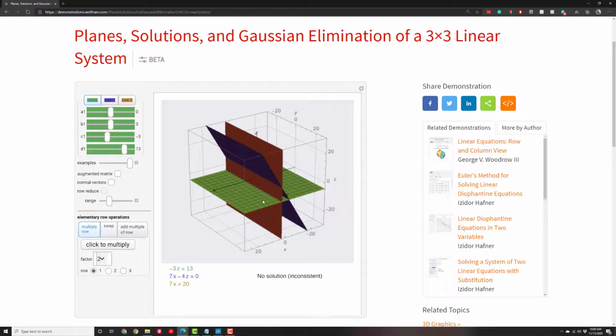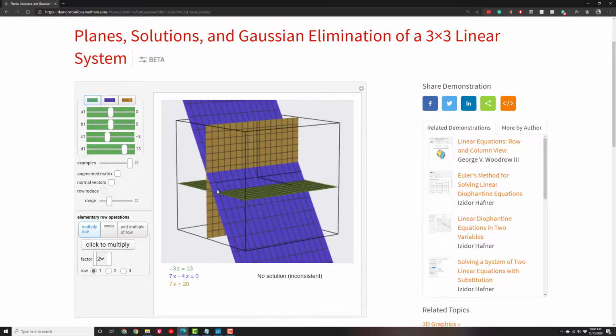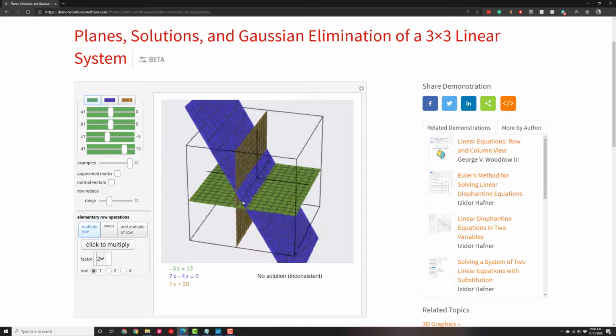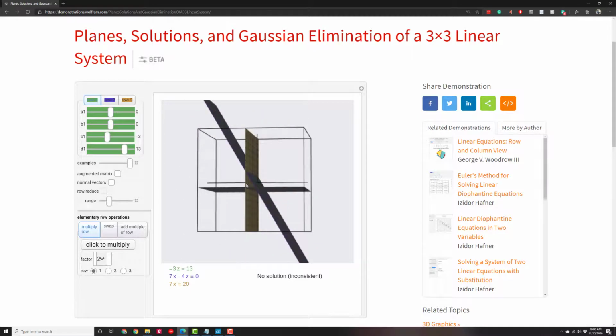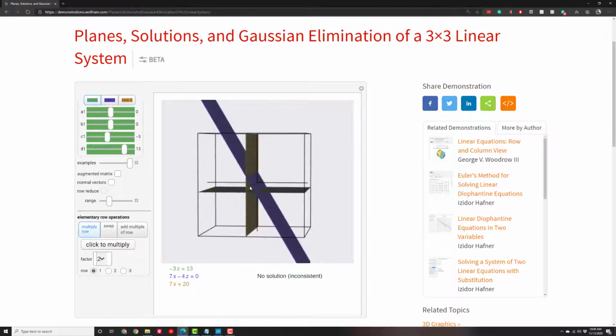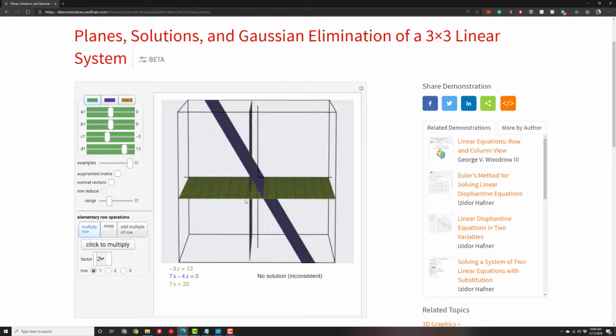So any 2 planes actually do have an infinite number of solutions, or an infinite number of intersection points. All 3 planes never simultaneously connect. There's just not a single point in space where all 3 planes intersect. So this is an inconsistent system because there's no solution. There's no place where they all 3 connect simultaneously.